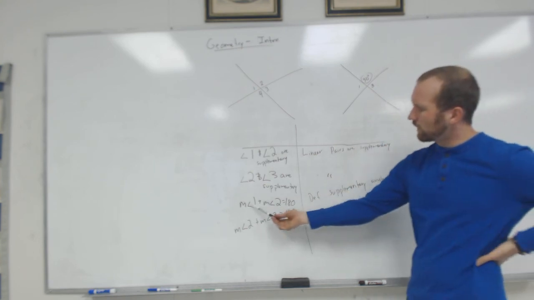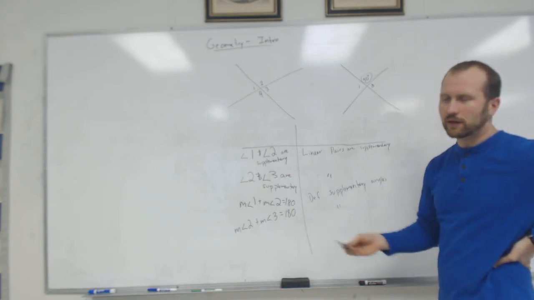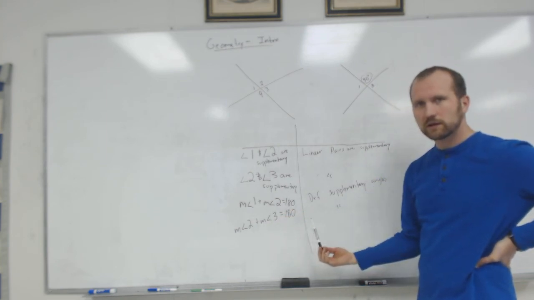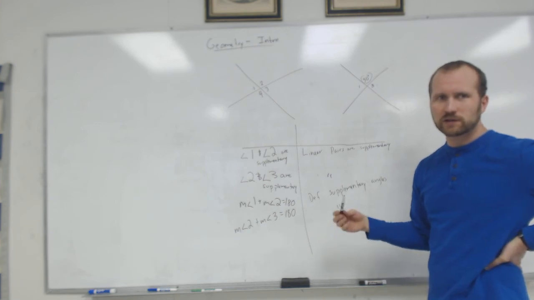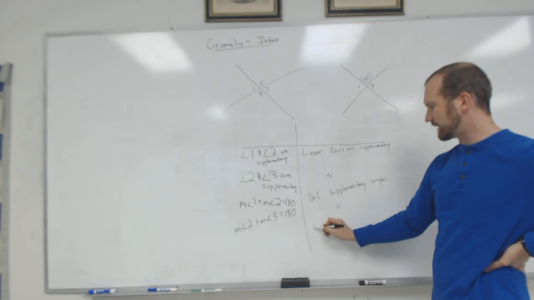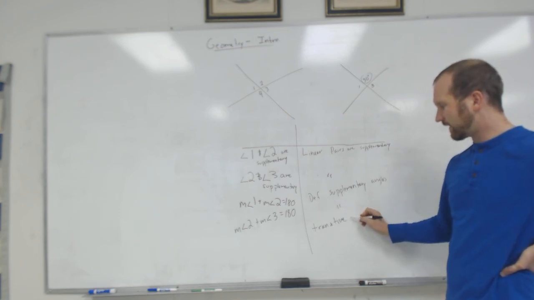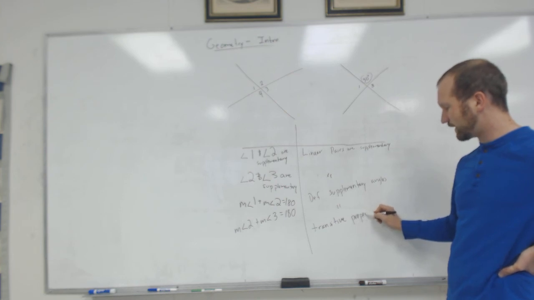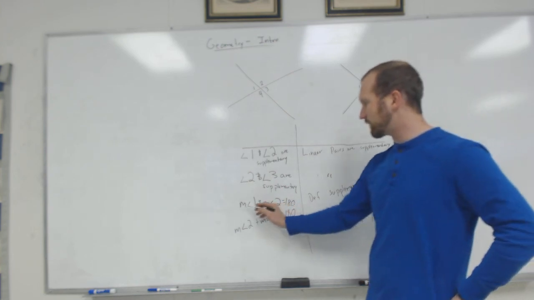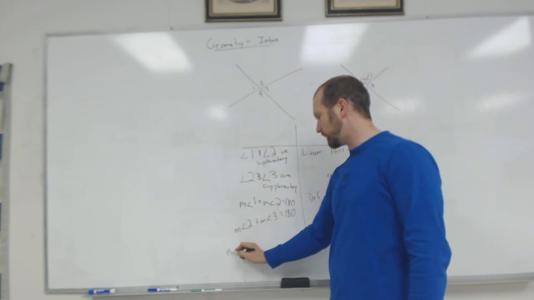Would you agree that if one thing equals 180 and another thing equals 180, then this thing has to equal this thing? Does anyone remember what that's called? We actually talked about it. Starts with a T. Transitive property. The transitive property says that if this is equal to 180, and so is this, then these things have to be equal.